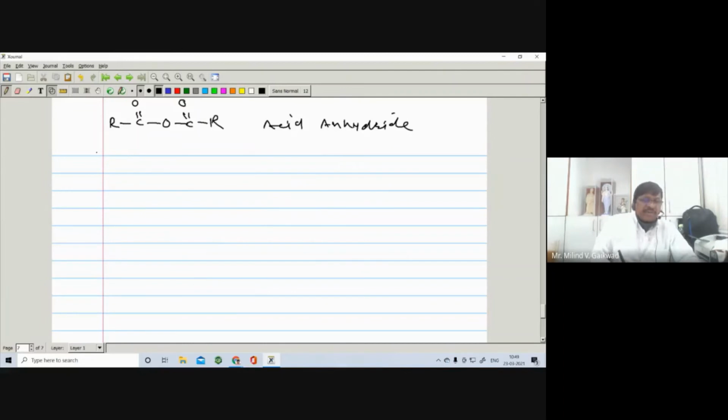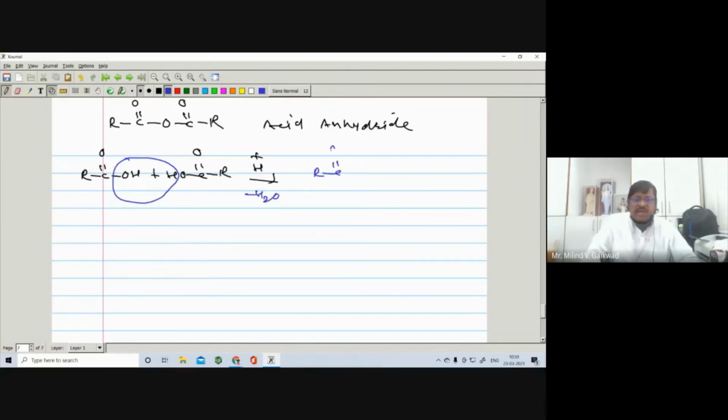For preparation, when two molecules of carboxylic acid react in the presence of acid, there is a removal of water, and there is a formation of the corresponding acid anhydride. So you get RC double bond O, O, C double bond O, R dash, which may be the same or different, as it undergoes dehydration.